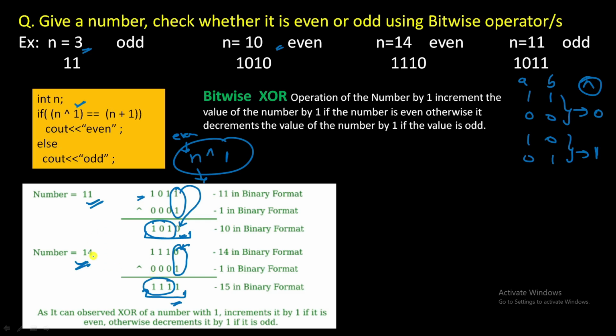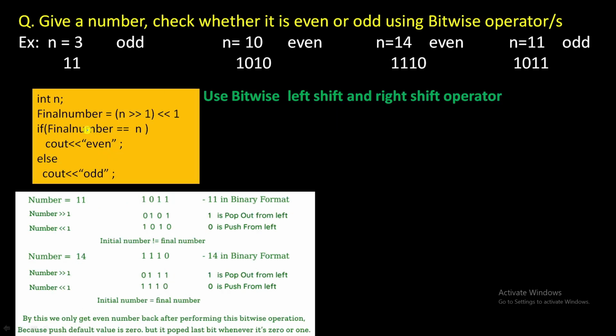In an even number, this 0 is getting changed to 1, so the value of the overall number after the operation is getting increased by 1. But in the case of an odd number it is getting decreased by 1. So this is the simple observation. If n XOR 1 equals the incremented number, then my number n is even, otherwise it is odd.